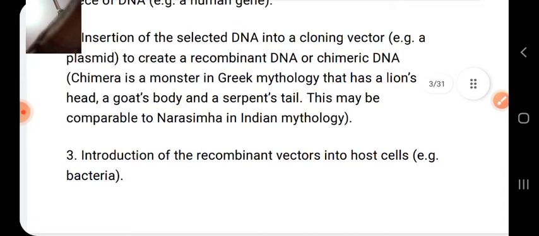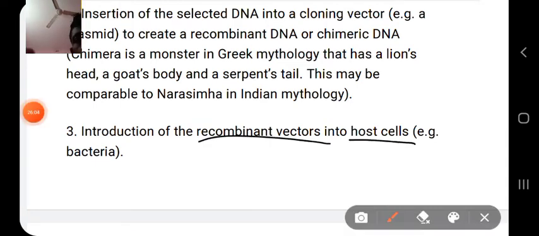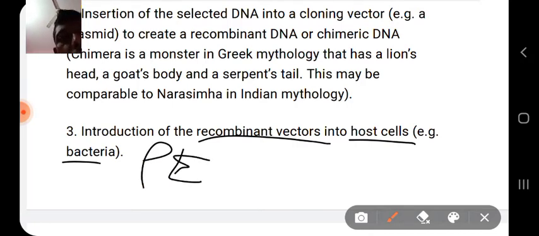Next, introduction of the recombinant vector into the host cell. We will now introduce that vector into the host cell, for example into bacteria. It is very easy to insert them into a bacterial cell by simple treatment like calcium chloride treatment or polyethylene glycol treatment.